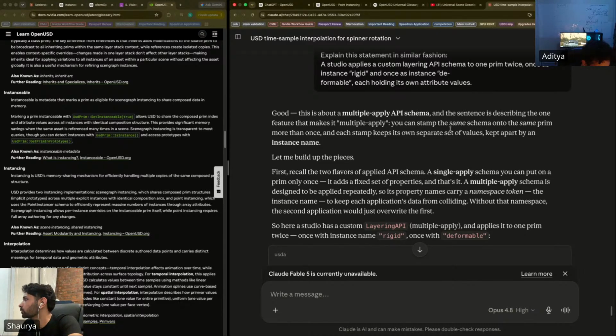Each stamp keeps its own separate set of values, kept apart by an instance name.